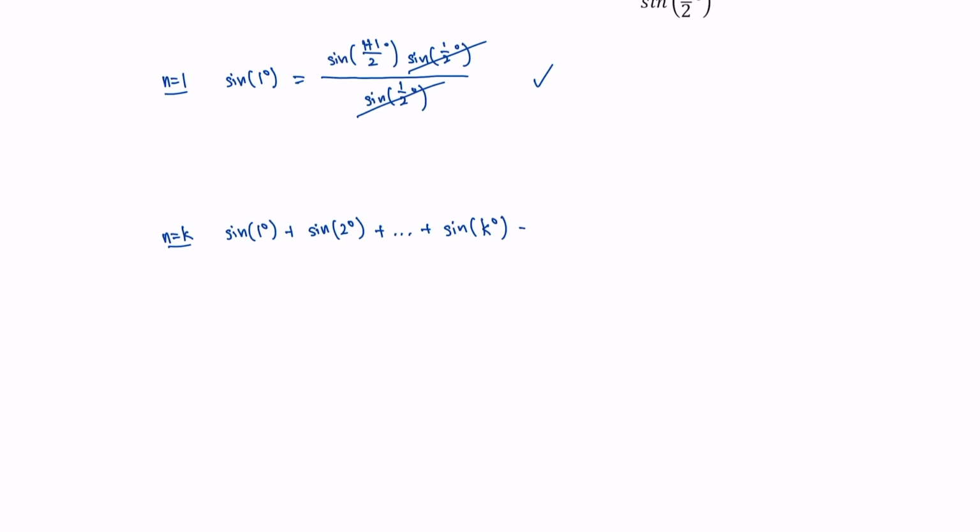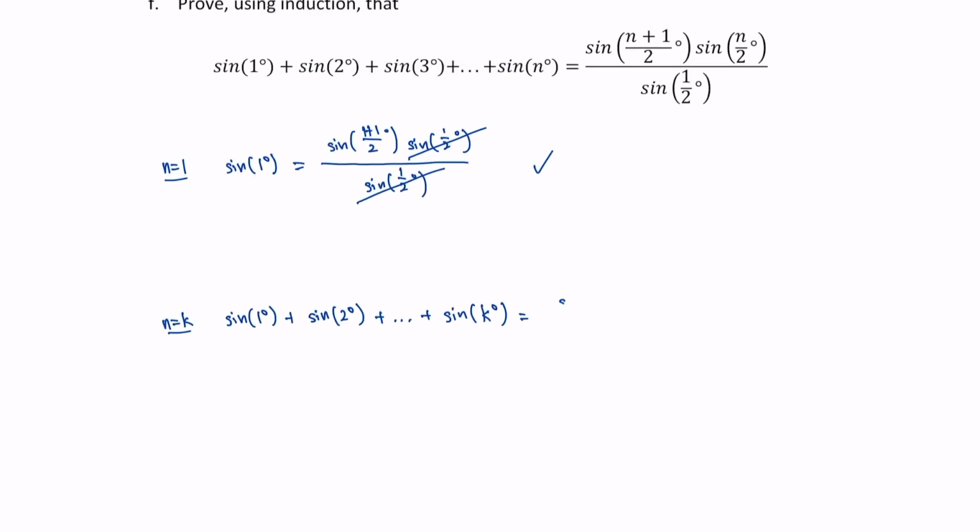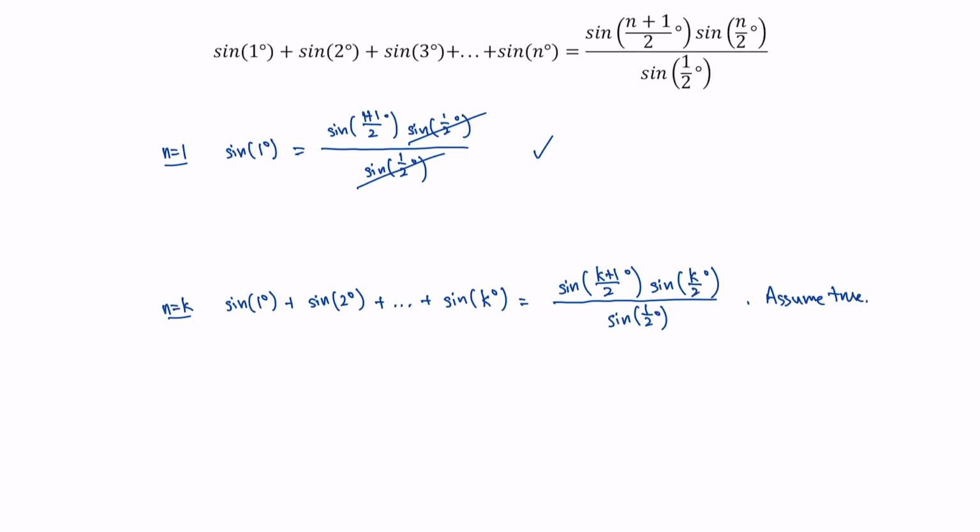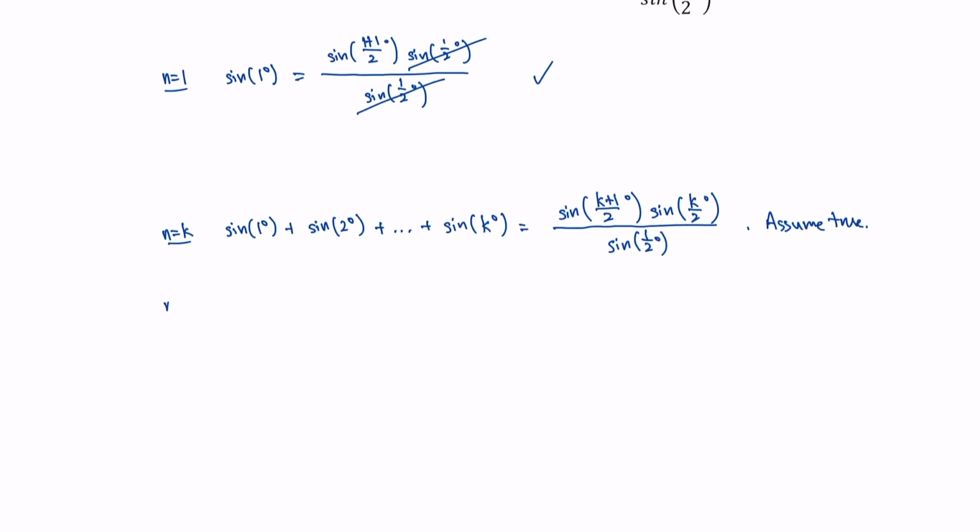We want this to equal sine of k plus 1 over 2 degrees times sine of k over 2 degrees all over sine of a half degrees. Okay, so we're going to assume this statement is true, and now we want to prove the k plus 1 case using this assumption.